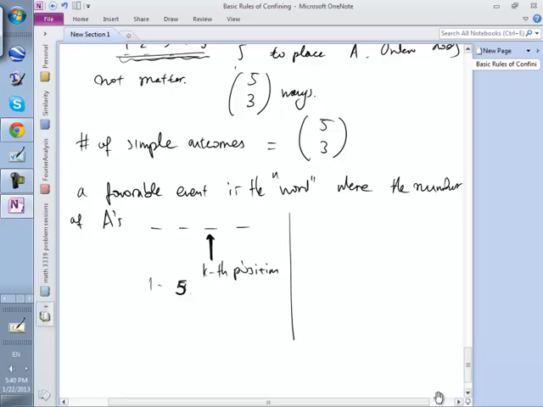So how can that be done? First position, the first vote in the tally. It has to be an A, because if the first vote is a B, then B is ahead in the count.